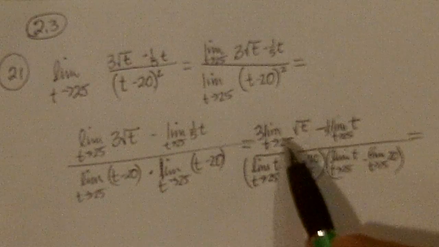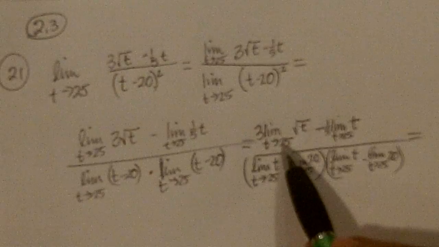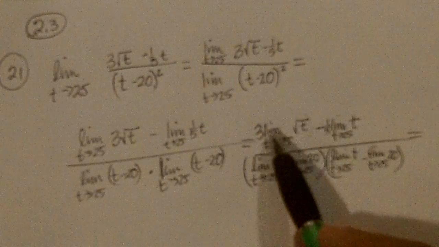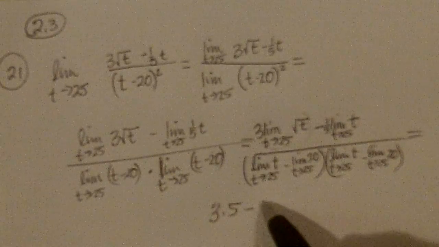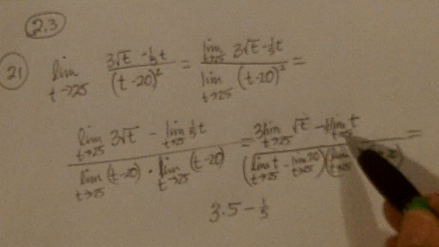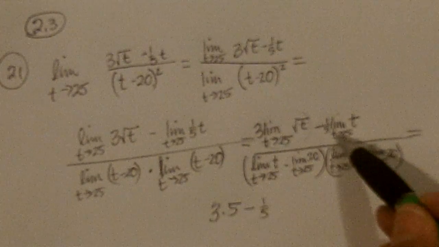So what does the square root of t approach as t goes to 25? Well, this is 5, so we get 3 times 5 minus 1/5. What's the limit of t as t goes to 25?